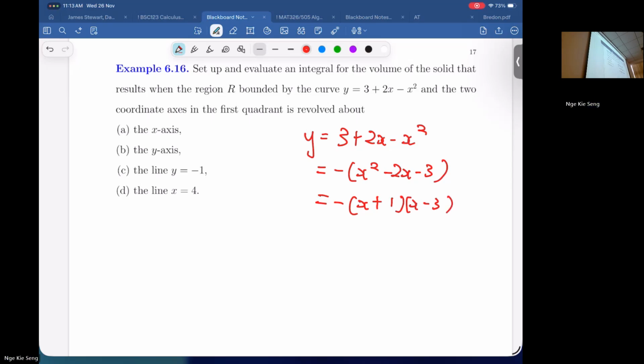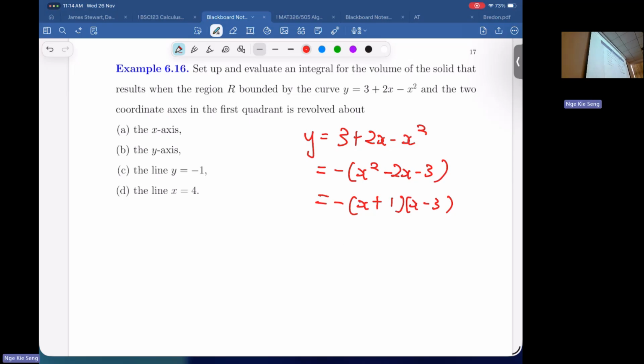You can use the sum of roots method, the product of roots method, or just guess. Think about what two numbers multiply to the constant, minus 3. There are two ways: minus 1 times 3, or minus 3 times 1. But which sums to negative 2? There's only one way.